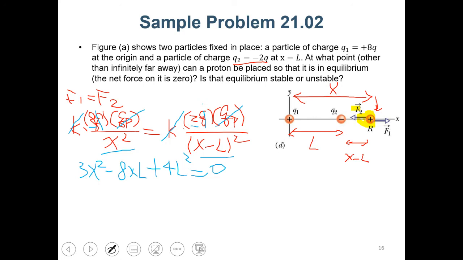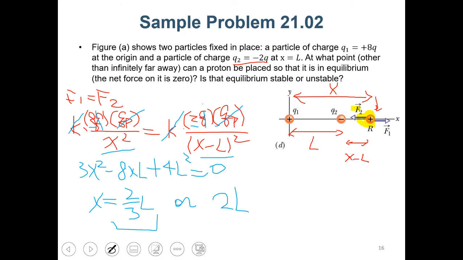So this is a quadratic equation with one unknown, so that you can calculate that x equals 2/3 L or 2L. We have two answers, but one of them will be rejected. Actually, this one will be rejected. Why?